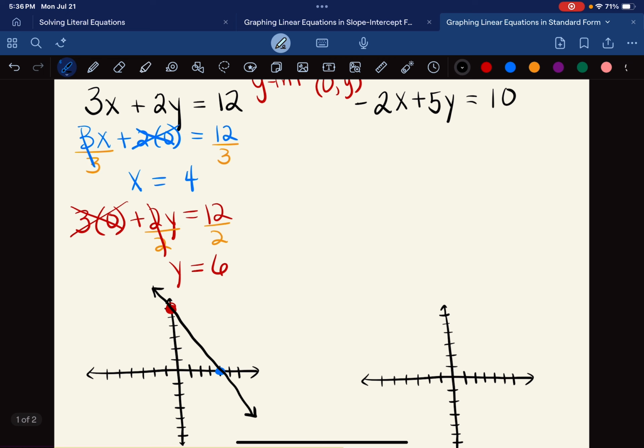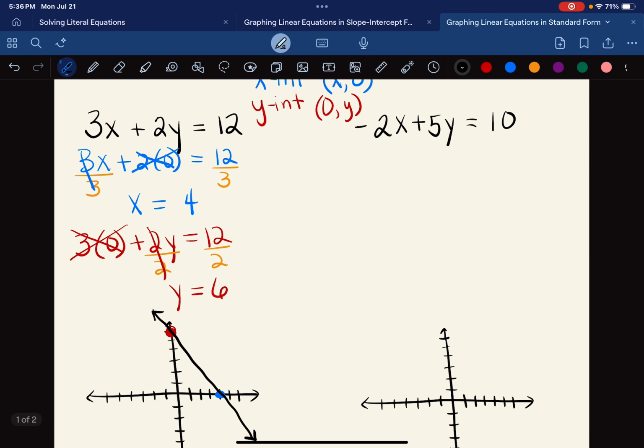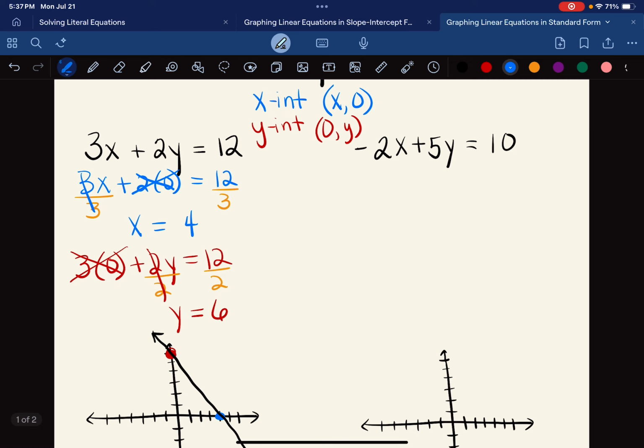All right, let's try another one. Negative 2x plus 5y equals 10. So if you want to start with your x-intercept, and it doesn't matter if you start with x or y-intercept, I just always do the same thing over and over again. So let's find our x-intercept, and we'll plug in 0 for our y value. Negative 2x plus 5 times 0 equals 10.